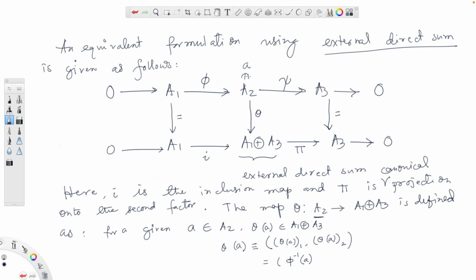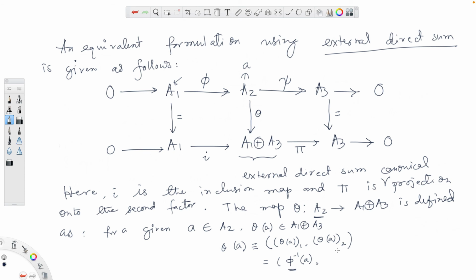Remember, phi inverse does not mean that phi is invertible; it is the notation for the pre-image.